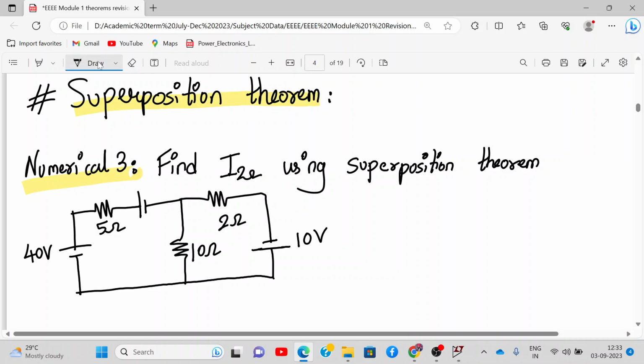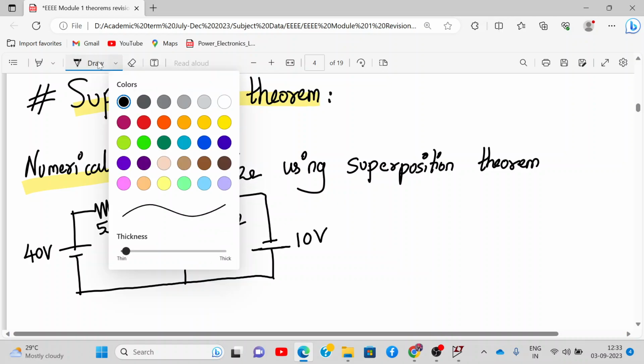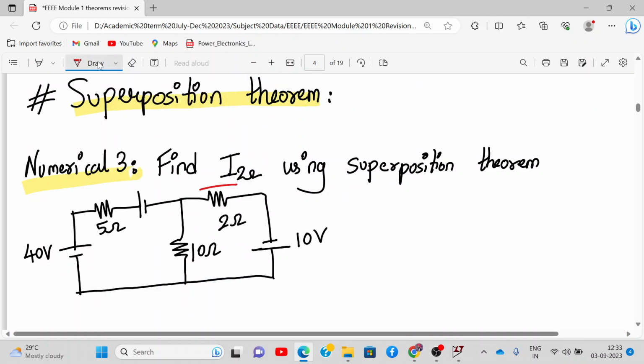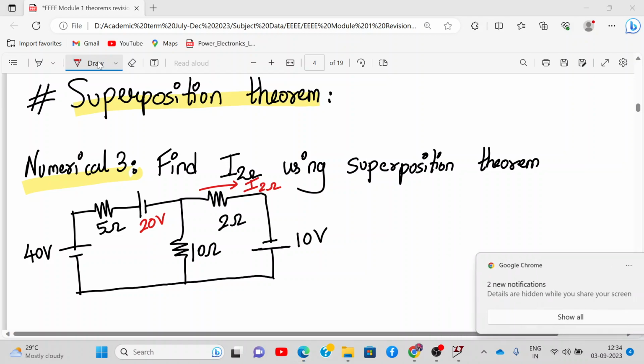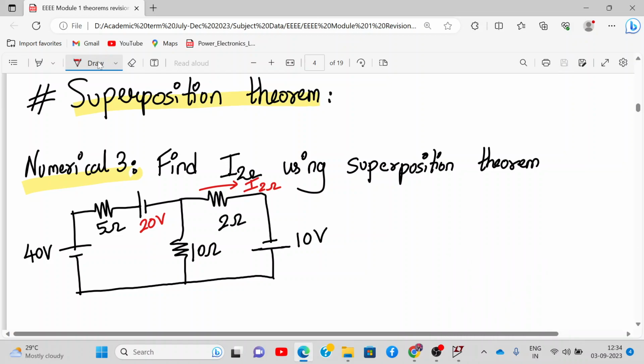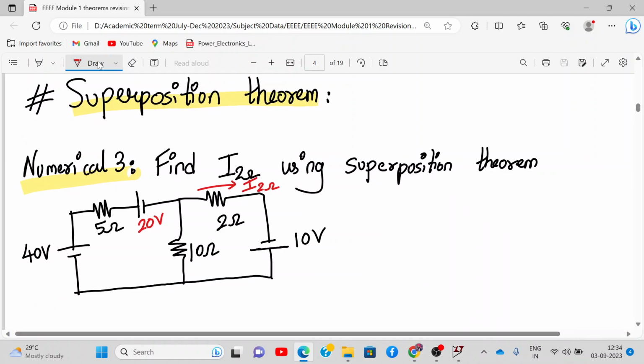Yeah, we need to find I of 2 ohm. So I of 2 ohm, I can mark it over here. This is 20 volt. Everyone has drawn the circuit? Hello?